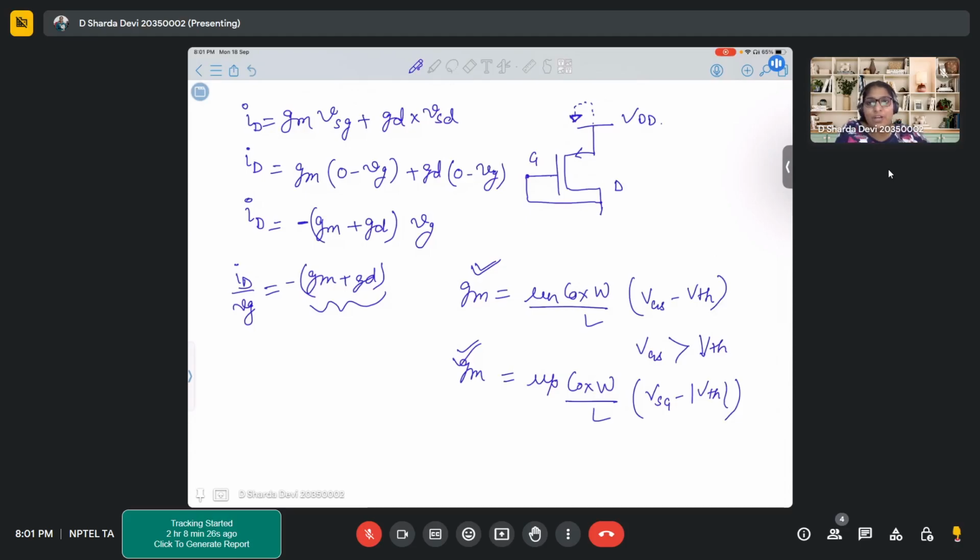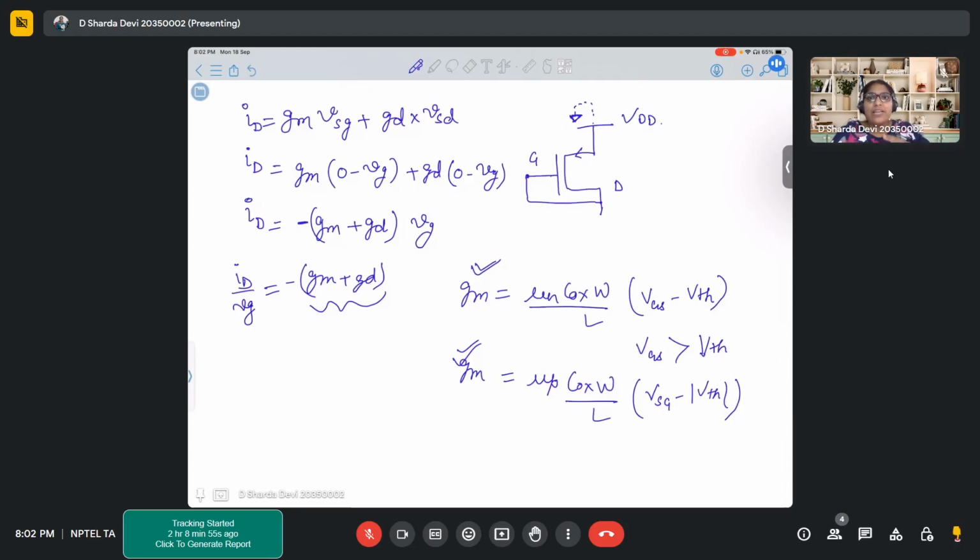But internally, what is present is GM into VGS, and secondly, the small R0, which you get from 1 by GD. RDS is not present, madam. RDS, the resistor between drain and source, it depends.